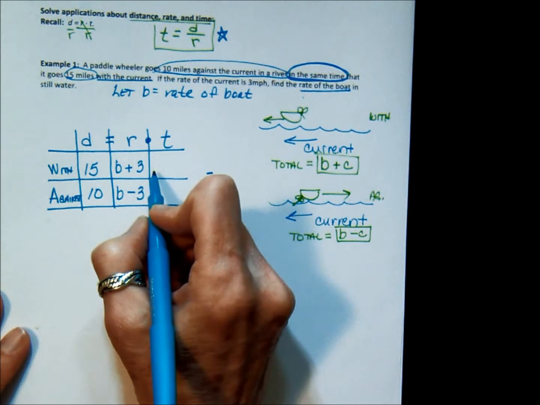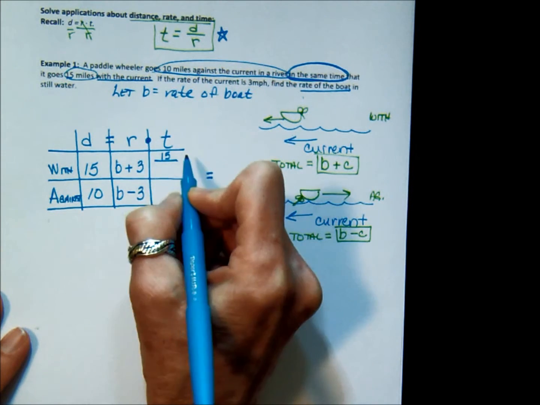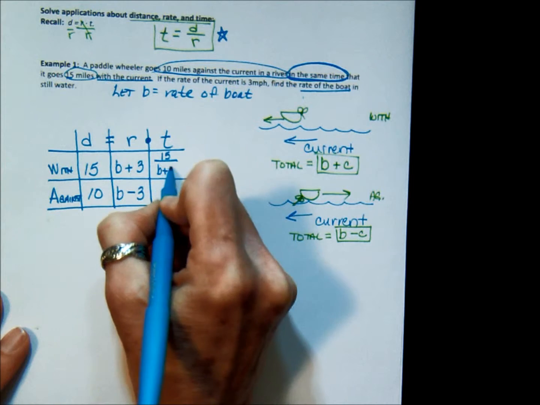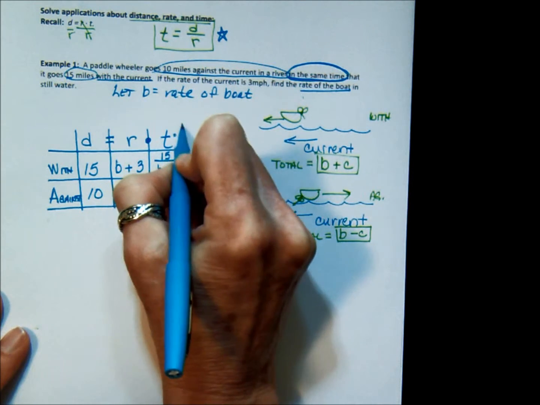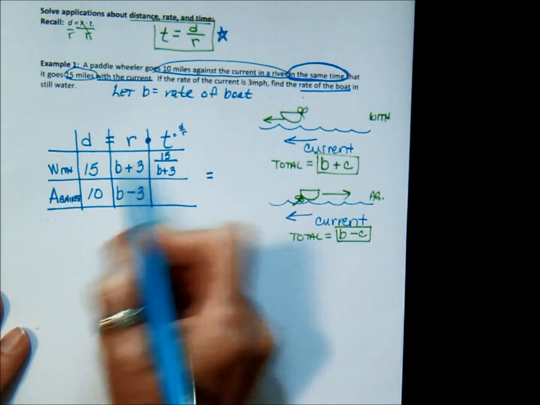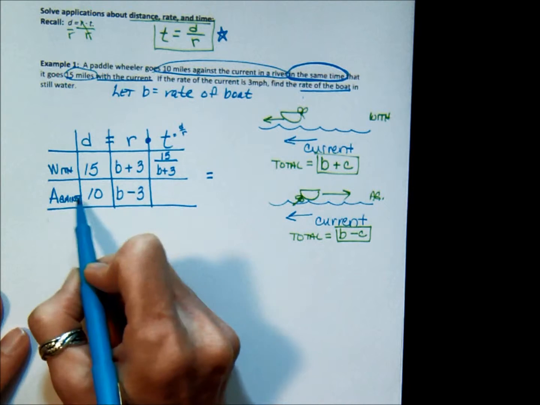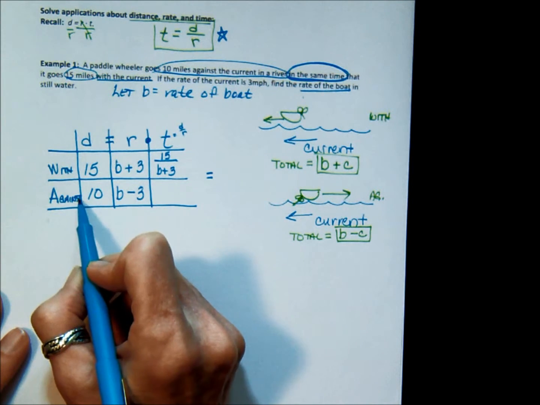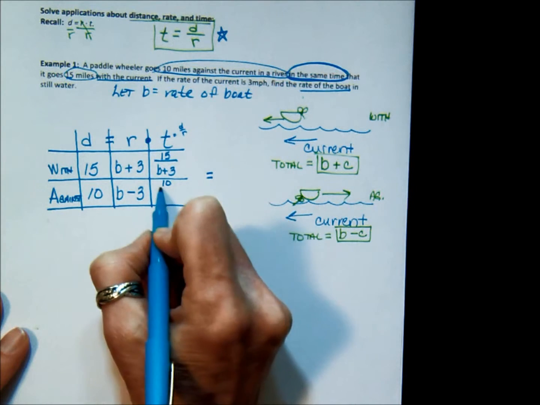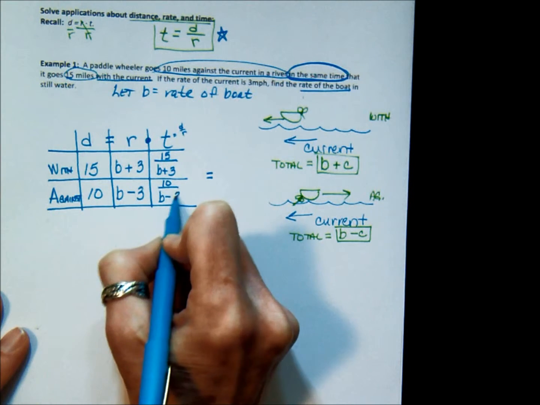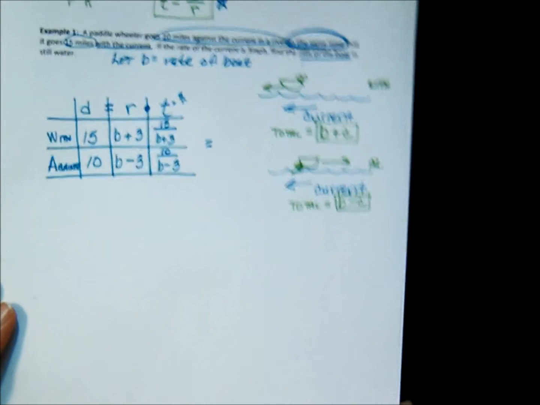The time with the current is the distance over the rate that we have going with. So time, remember, is equal to distance over rate. So I use that distance divided by that rate. In the same way, the time going against is the against distance over the against rate. Now we're ready to set up an equation that we can solve.